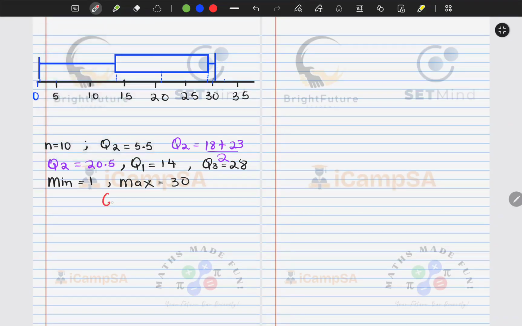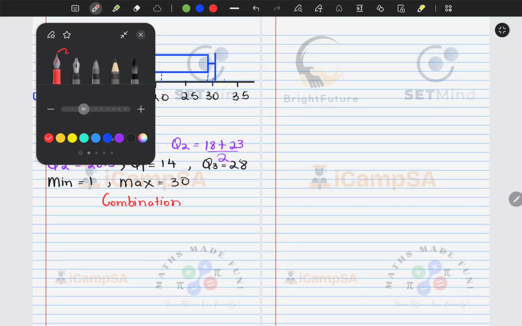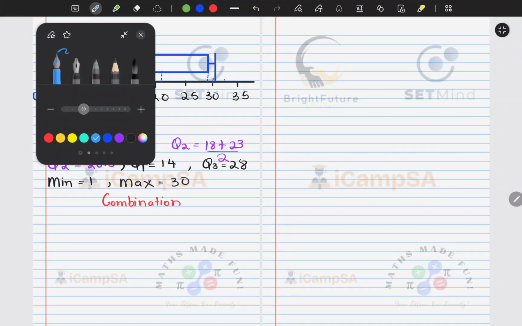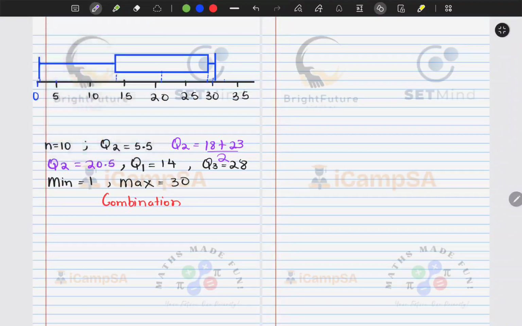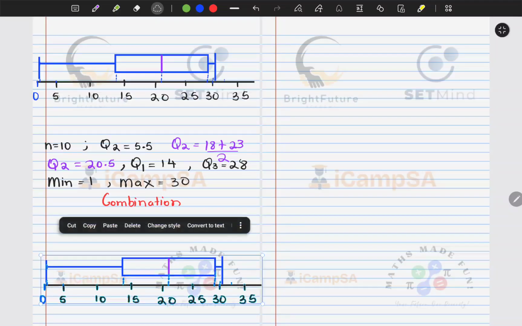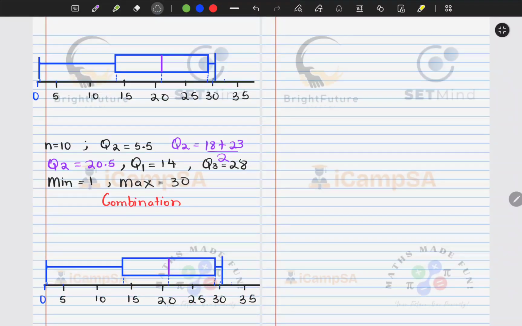So what we can do is look at the combination. Okay, so this here is for the boys. Let's put this up. There's our median there. Right, so let's copy this and put it here. And then let's go and fetch the girls.